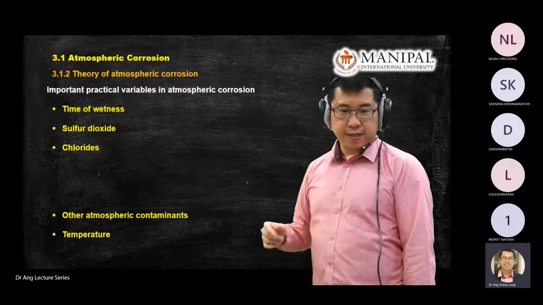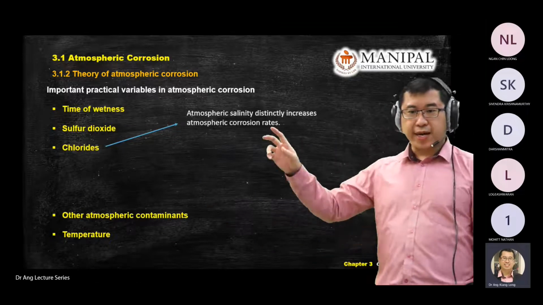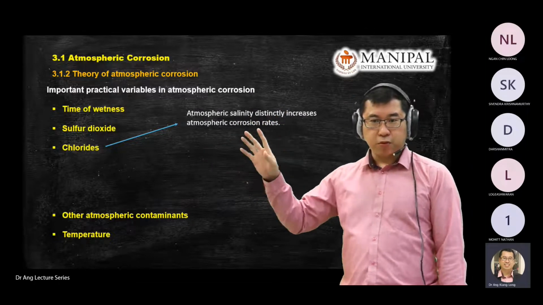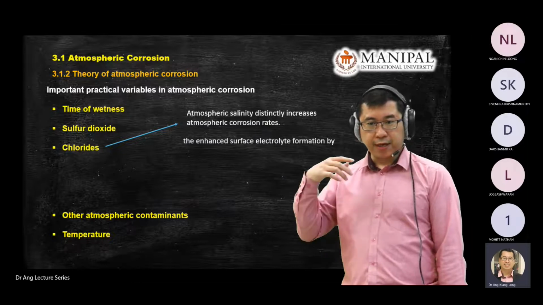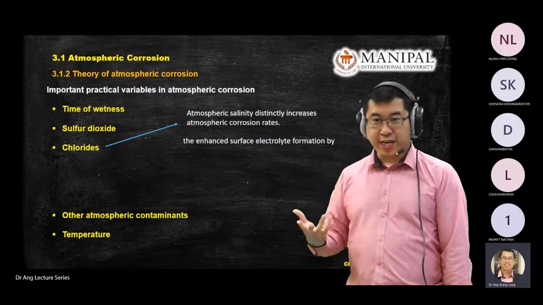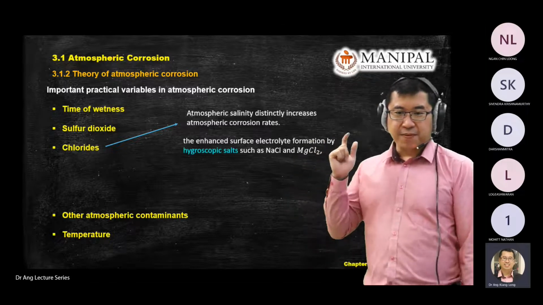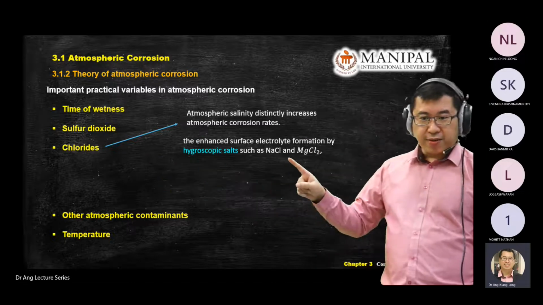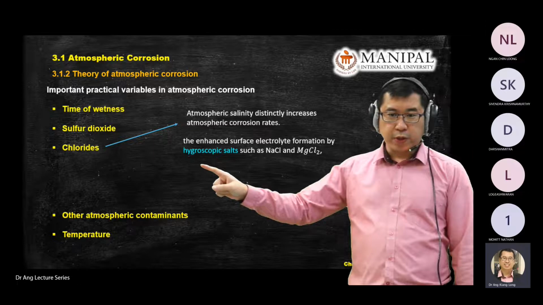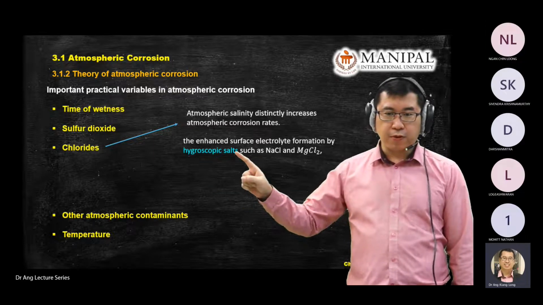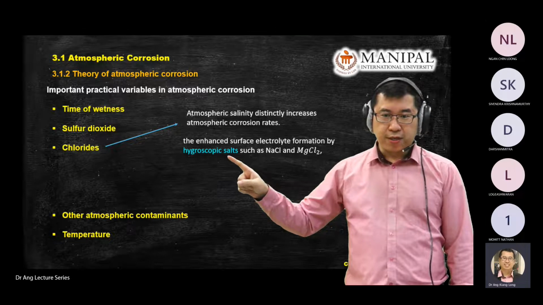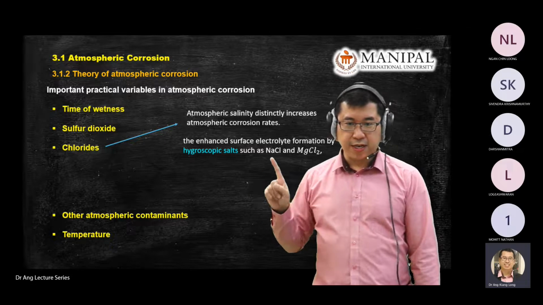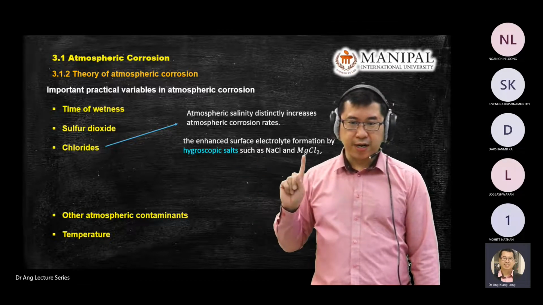What about chloride? Chloride is also another pollutant, or you can say another contaminant or chemical that contributes to the corrosion. Again, you need to recall back what you learned in your chemistry. Examples of chlorides will be NaCl and magnesium chloride. Another word for chlorides is salt. Salt, NaCl, natrium chloride, salt, magnesium chloride, also salt.